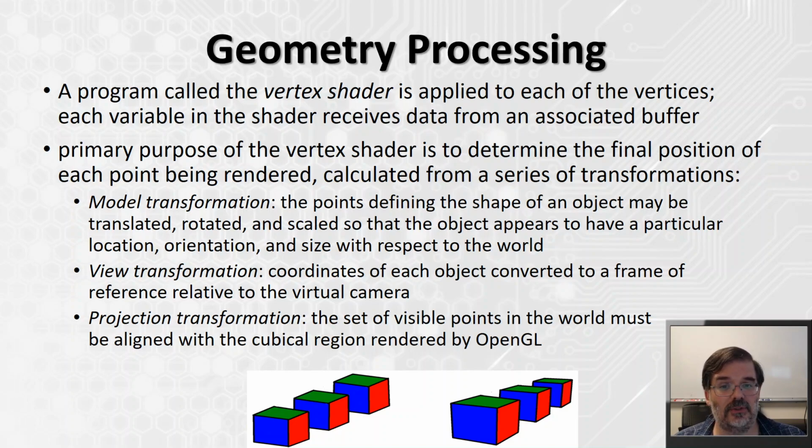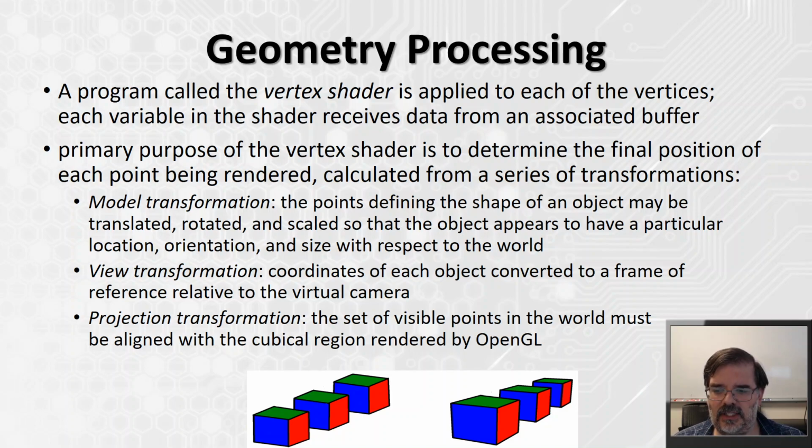Any points outside this cubical region are automatically discarded or clipped from the scene, and coordinates expressed at this stage are said to be in clip space. More specifically, when performing the projection transformation, you might use an orthographic projection or a perspective projection, depending on whether the visible world shape is within a box or within a frustum.